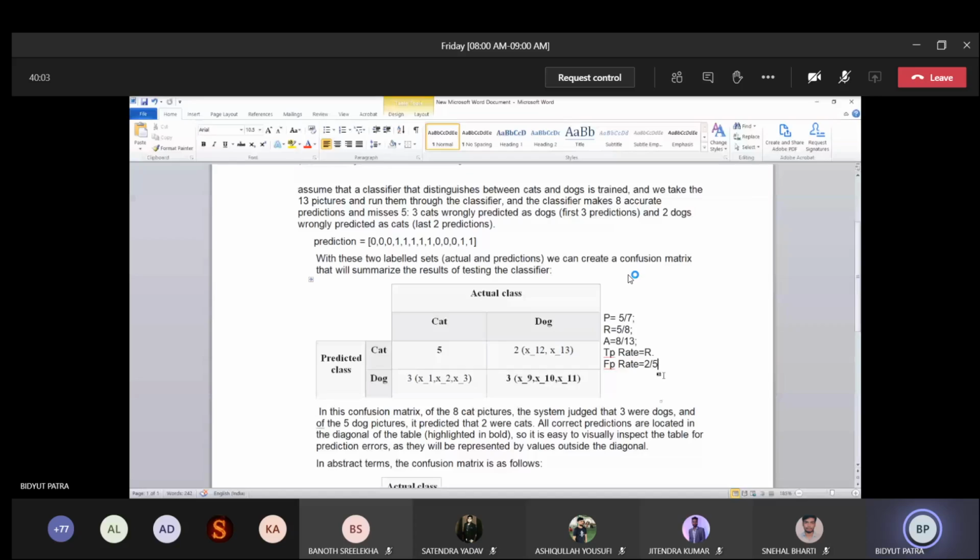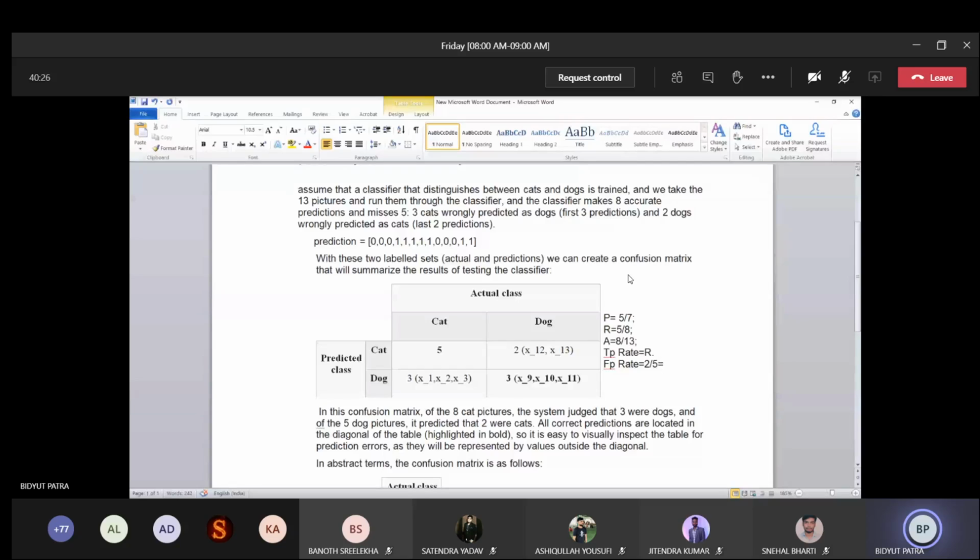If I draw it on the ROC curve, what will be the value of that? Can anyone tell me? See, the ROC curve is plotted over x and y axes. What will be the value of x and y for this classifier? So the false positive rate is what?